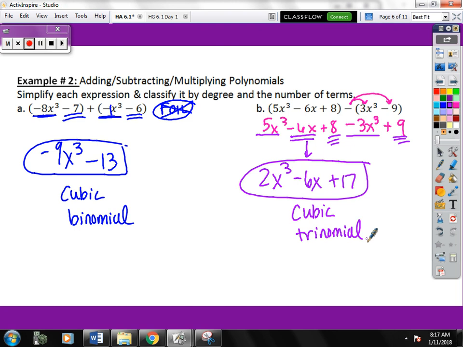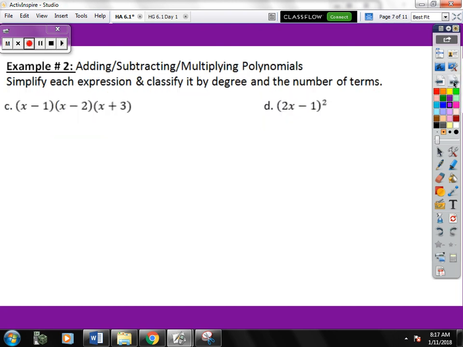All right, now the next one will be our hardest one. We have 3 binomials being multiplied together. How do we multiply if there were just 2 of them? Garrett? FOIL, right? So you're going to have to FOIL 2 of them and then distribute the third one, okay?